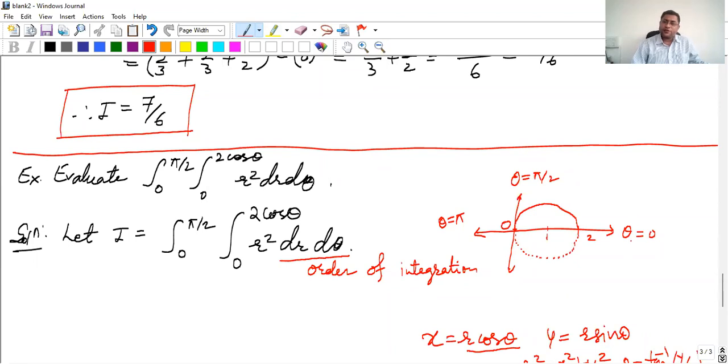Now theta is running from 0 to pi by 2. As we can understand, these are the limits for r and these are the limits for theta. So r is running from 0 to 2 cos theta. This is the circle, r is equal to 2 cos theta, and theta is running from 0 to pi by 2.